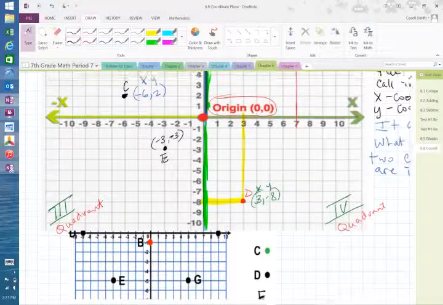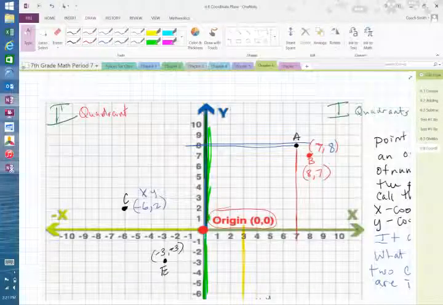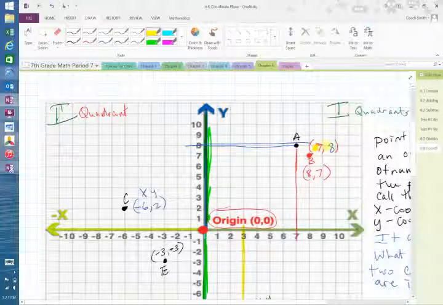Let's talk about the quadrants for a second. In quadrant number 1, we have 2 coordinates listed. Are both negative or both positive? Positive. So in quadrant 1, X is positive, and so is Y. In quadrant 2, what is the X coordinate?